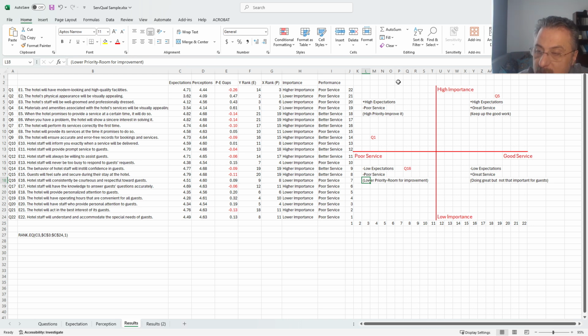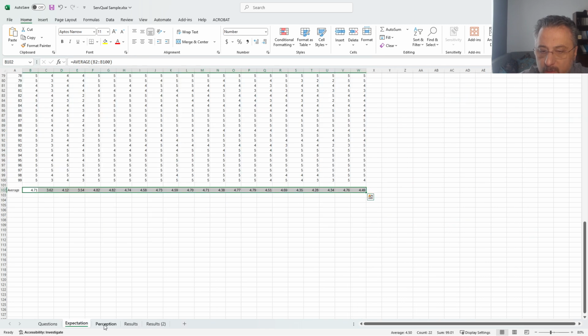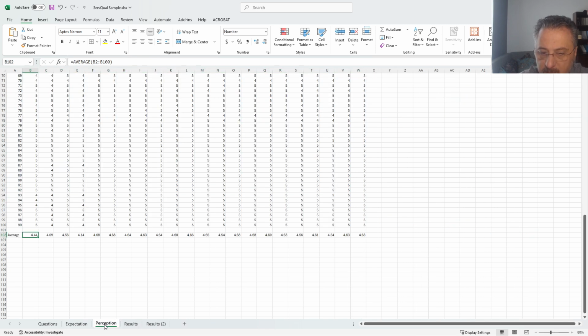Now, this is the most important part, okay? I mean, Q1 is actually closer to low importance, but still, especially if it's in this area, like around here somewhere, that has become very important; they really put high importance on that. They expect whatever they want, but they have very poor service. Okay, so the idea here is, after you do these surveys, what do they expect?